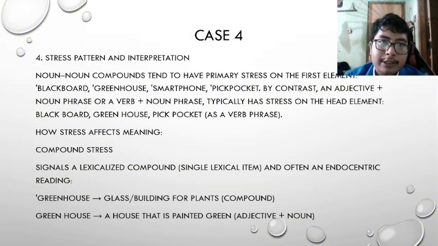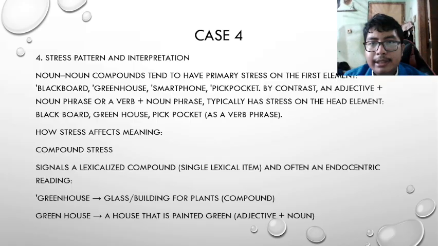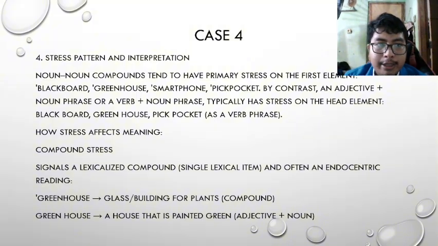Number 4, stress pattern and interpretation. Noun compounds tend to have primary stress on the first element: blackboard, greenhouse, smartphone, pickpocket. By contrast, an adjective plus noun phrase or a verb plus noun phrase typically has stress on the head element: blackboard, greenhouse, pickpocket as a verb phrase.